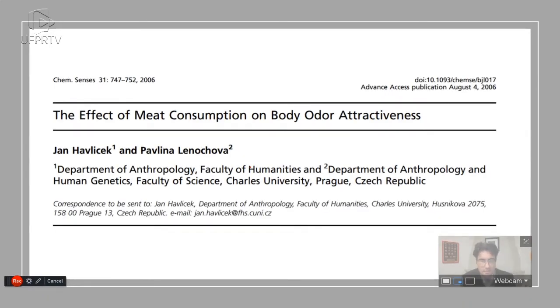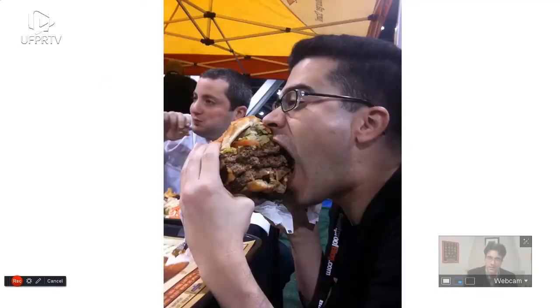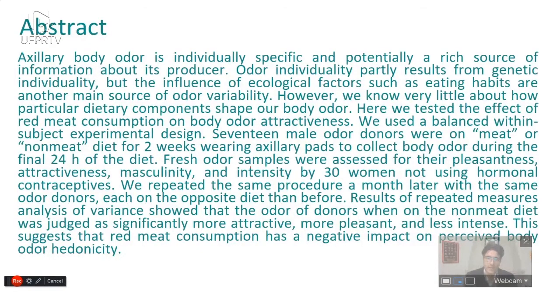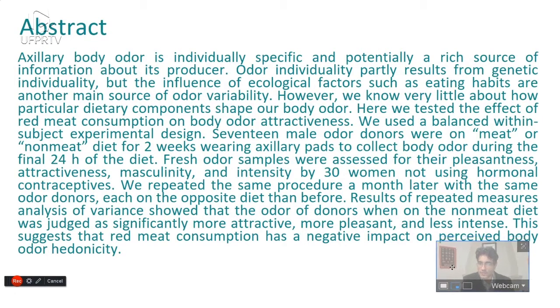So let's get away from COVID, because you probably have had enough of that, and get back to this article here, this kind of gross article about eating meat and how you smell. And just to remind you of how grotesque that is, in the abstract, if you recall, they already begin to mention some important variables that they will measure.